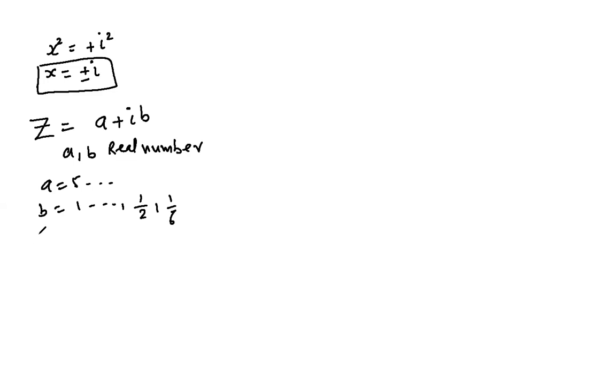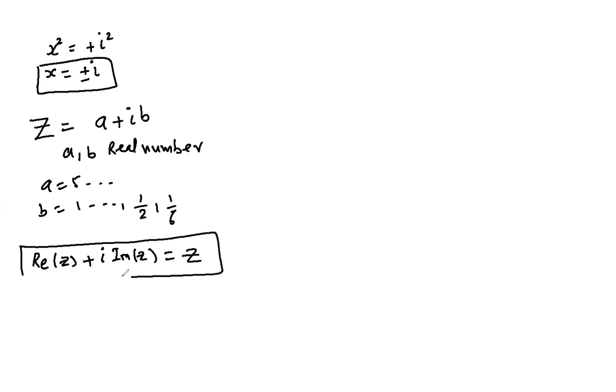Now we have to understand that sometimes a complex number is written simply as the real part of z plus iota times the imaginary part of z. This is also a complex number denoted in this form.